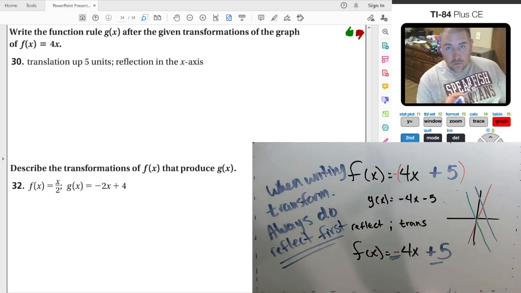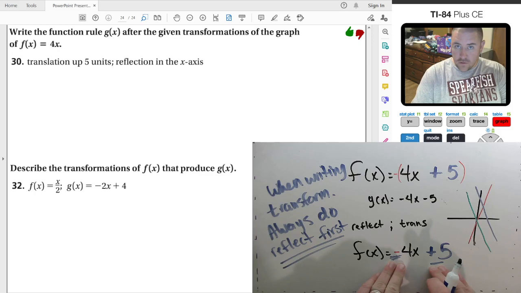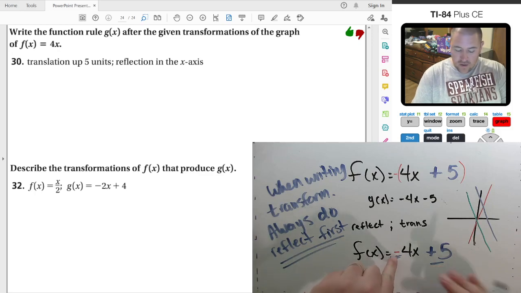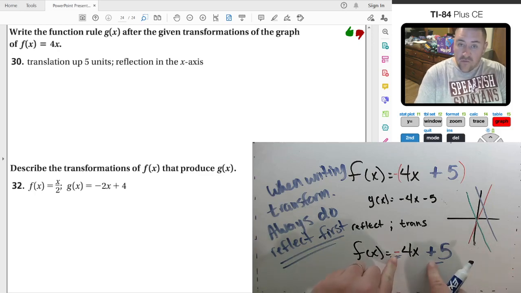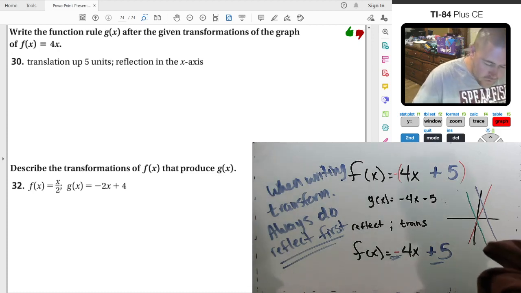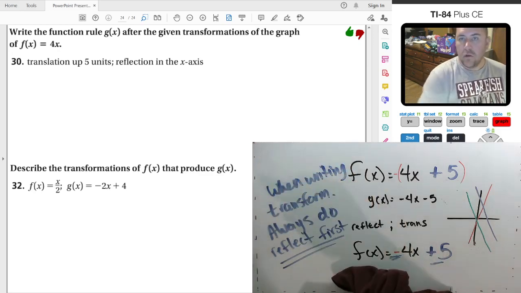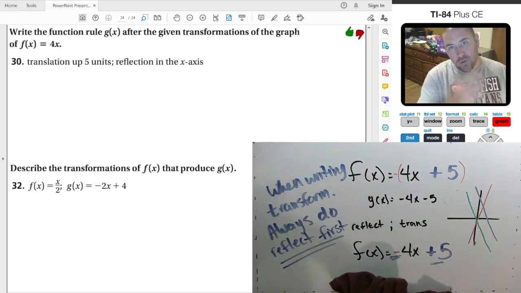I want you to write that in your notes. Because it kind of boils down to the order of operations. If you're already looking at this, and then you have to turn this into words, if I take care of multiplication before addition, I have followed the order of operations. I will get to where this graph actually is. Okay? But if, like that one, it tells you an order, you have to follow the order.